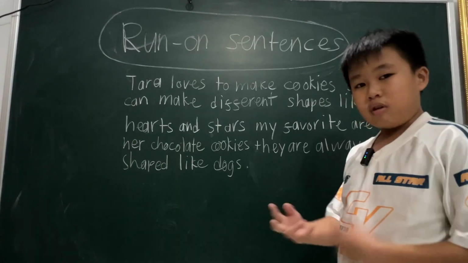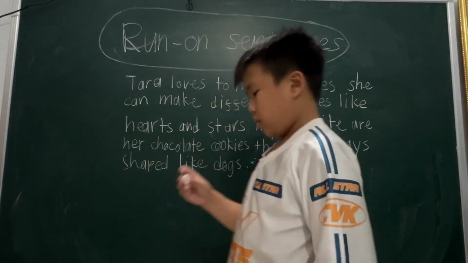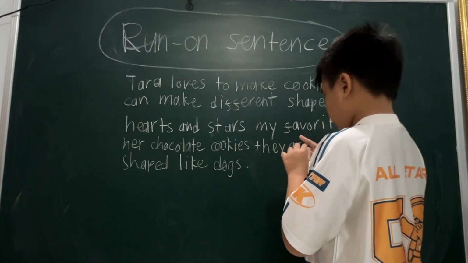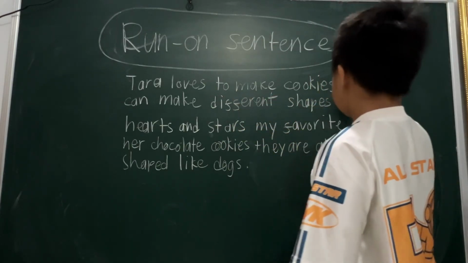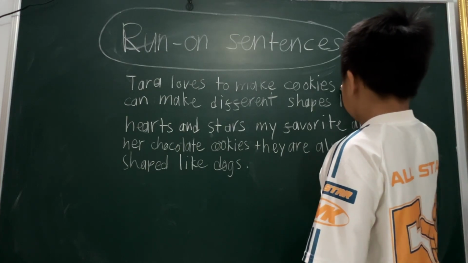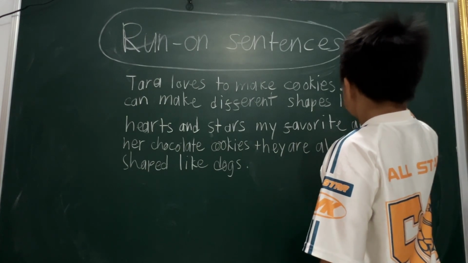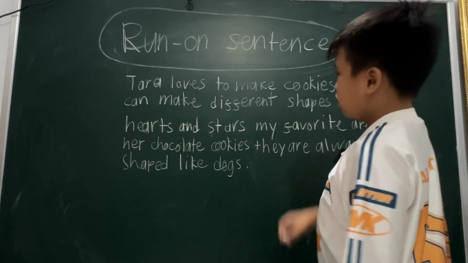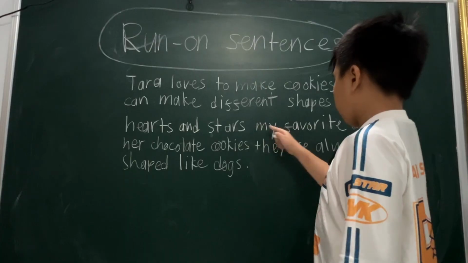Let's try that dot thing. There are many kinds. Let's just do it first. That's the first thing. Tara loves to make cookies. Hey, that looks like a good spot, right? She can make different shapes like hearts and stars.